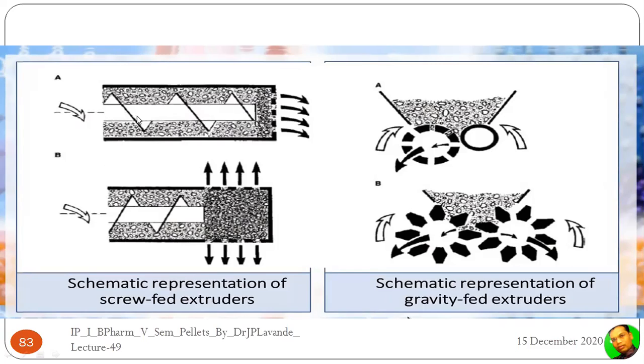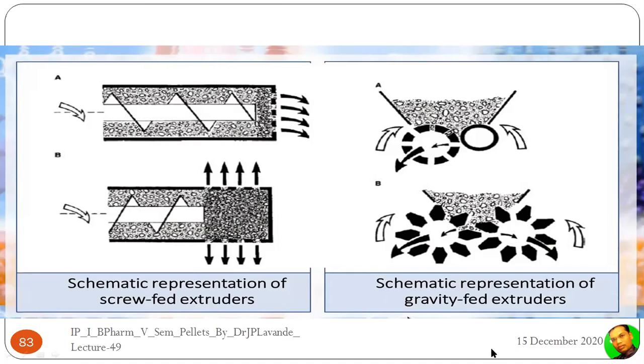There is a screw fed rod and there is loading from one end, and as the rod rotates, it carries out the downward movement of the dough mass, and that dough mass comes out like a sevaya. But here the difference is that we want the spheres, right? And we don't want the continuous mass. We want the separated particulate mass, right?